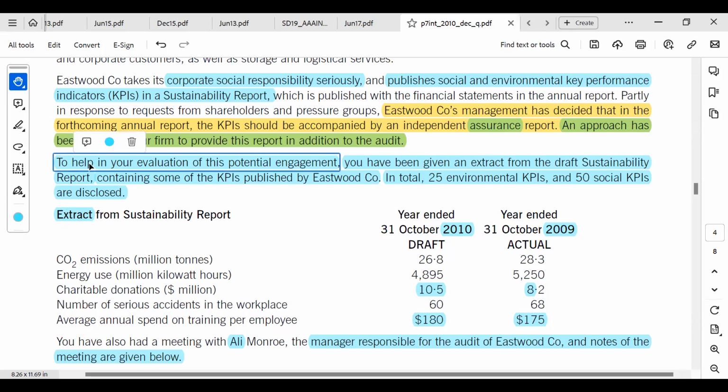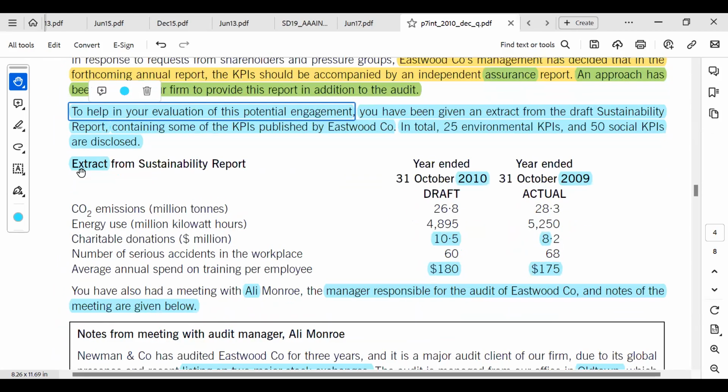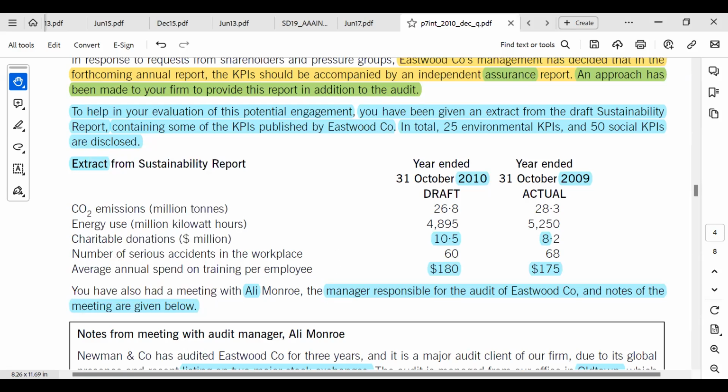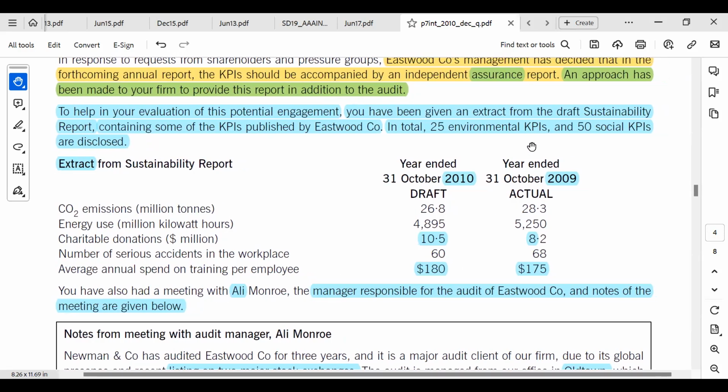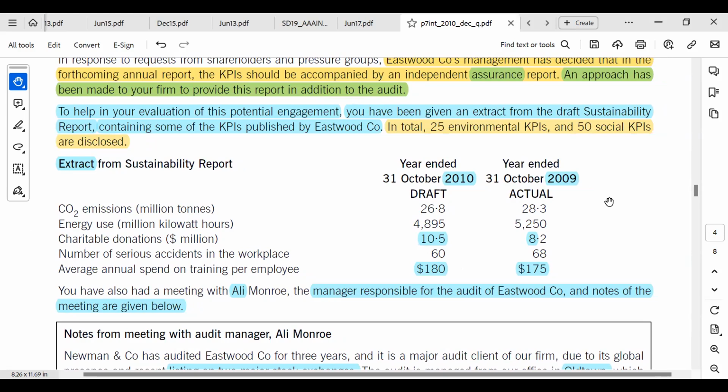Can you just read this paragraph on your screen? The next one, to help you in your evaluation of this potential engagement. Can you just read this line? See how many KPIs they have.